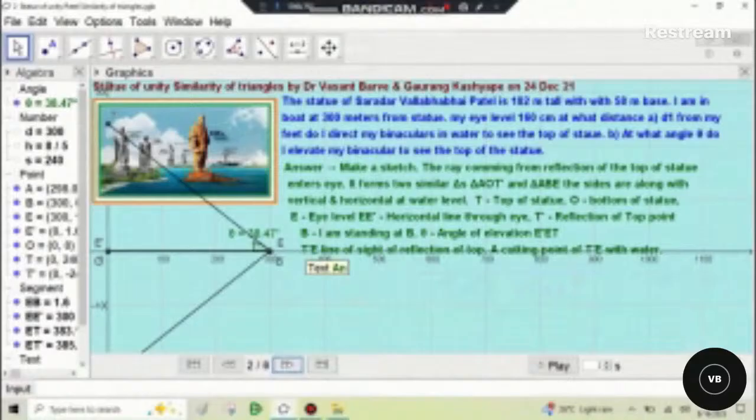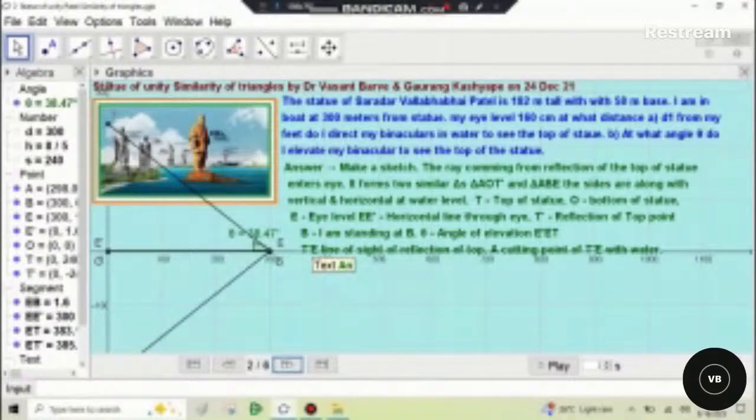Okay, so we will have that particular thing. So triangles AOT dash, T dash is here, AOT dash, and triangle ABE. Now we are not seeing those, they are all in a small triangle here. Okay, I will expand that and show you.